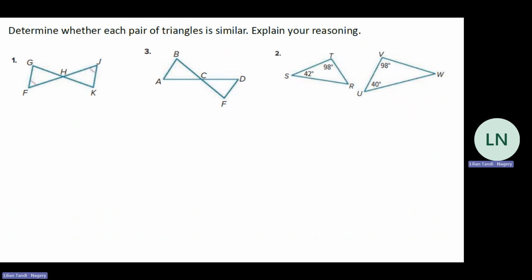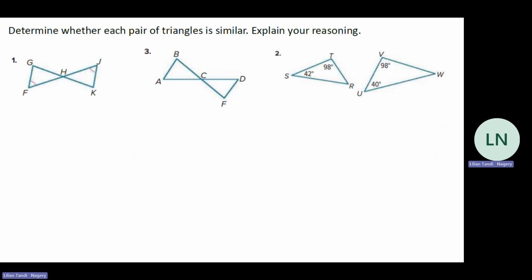All right, let's do this. Now we want to determine whether each pair of triangles is similar. Now, the rule said if two corresponding angles are congruent, then the two triangles must be similar.